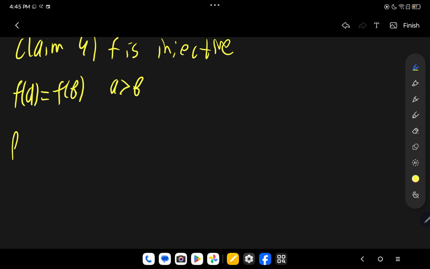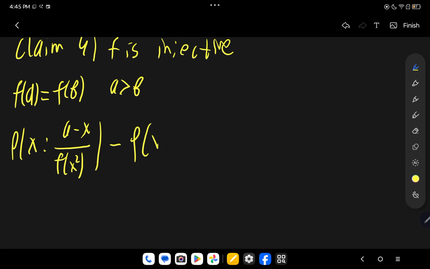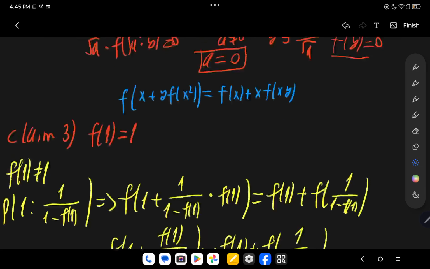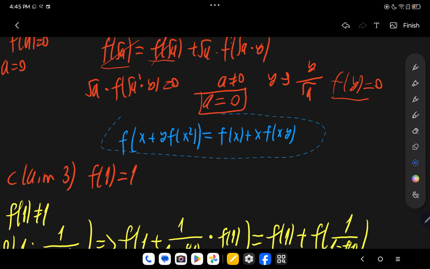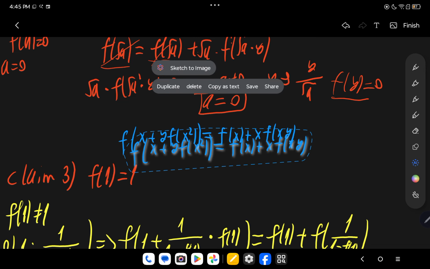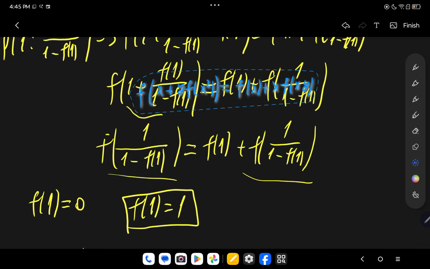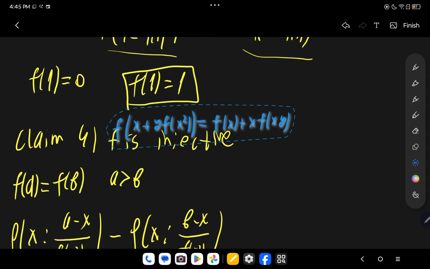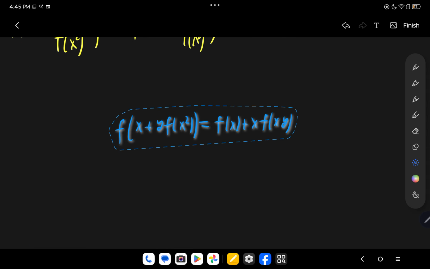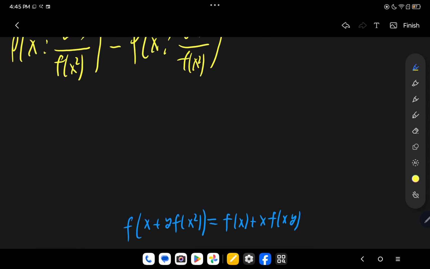Now if we put this and subtract this in the original equation, let's copy it down again. We will prove that f should be injective.